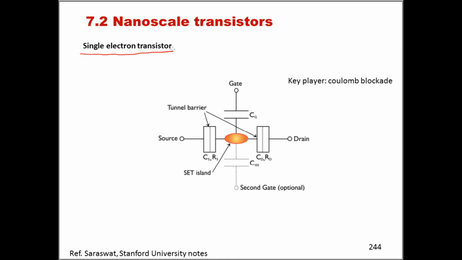So what we need to do is have some tunneling barriers. As you can see here, there are these two, one on the source, one on the drain. In the middle we have some quantum particle, 0D confined structure, an island, a nanoparticle, something. And then we need a gate, so we need a gate to be able to change the potential of the channel, in this case our nano object, our 0D confined structure.